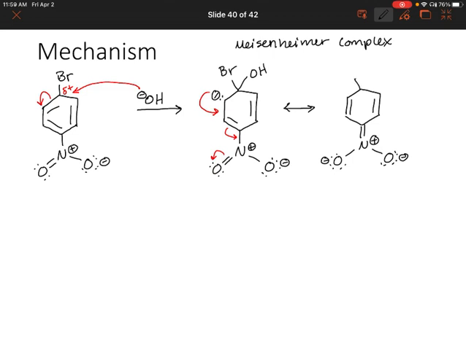And that nitro group is really acting as a place where electrons can sit and hang out, which is going to stabilize this intermediate. So this resonance structure is allowing the added electrons from the nucleophile to kind of go down and hang out with our electron withdrawing group.